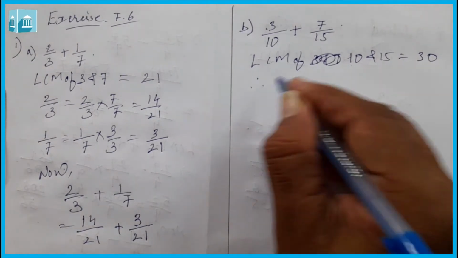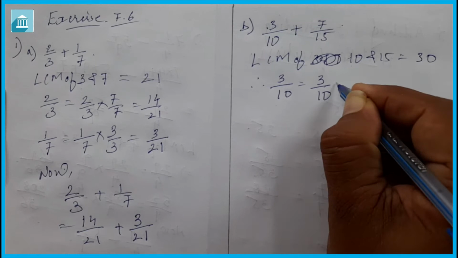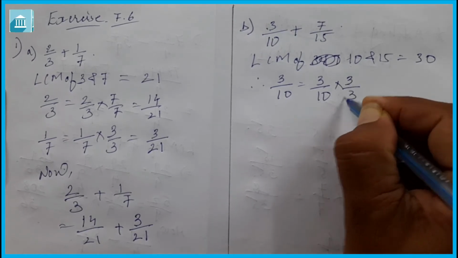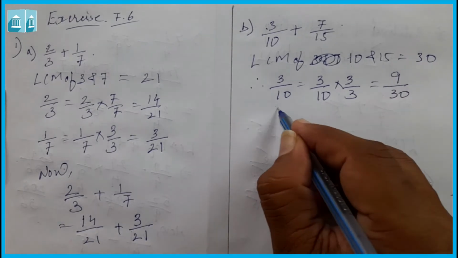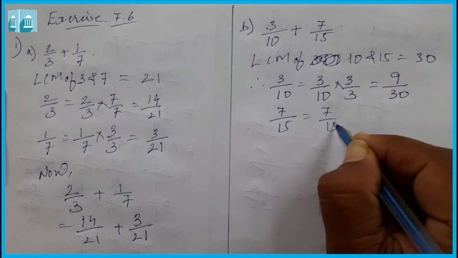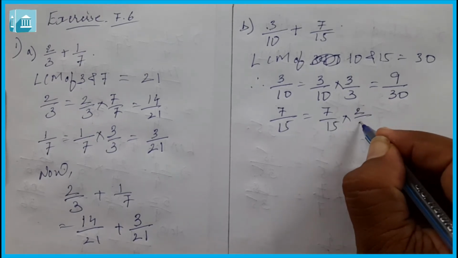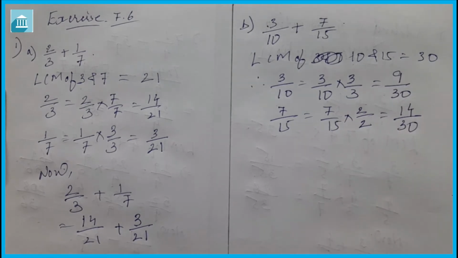Now therefore 3 by 10 is equal to 3 by 10 into 3 upon 3, which is equal to 9 upon 30, and 7 by 15 is equal to 7 upon 15 into 2 upon 2, which is equal to 14 upon 30.